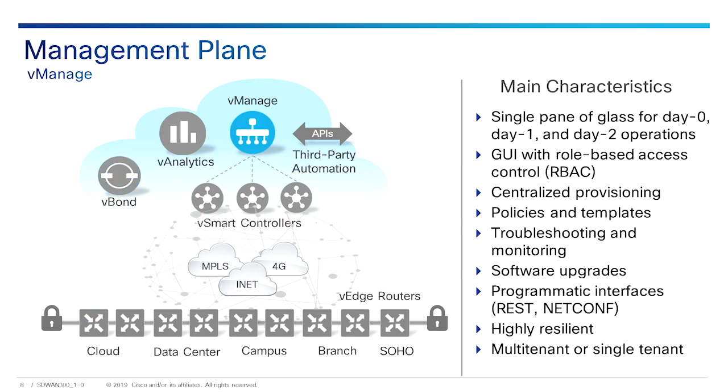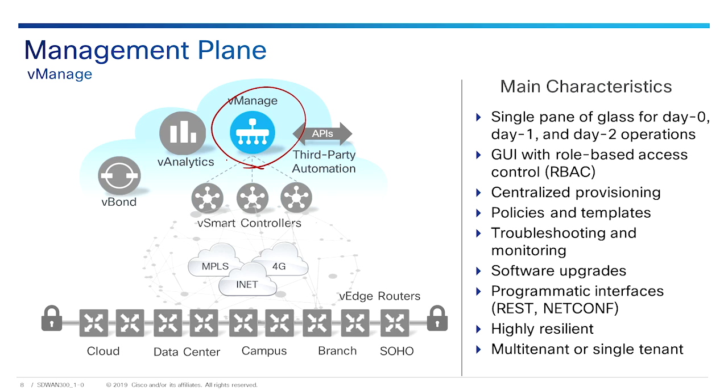The entire solution is going to be managed by Cisco vManage, which provides a single pane of glass, centralized management, and provisioning platform for day 0, day 1, and beyond for the entire SD-WAN infrastructure. It has a web-based GUI with role-based access control. Some key functions of Cisco vManage include centralized provisioning, centralized policies, device configuration templates, and the ability to troubleshoot and monitor the entire environment.